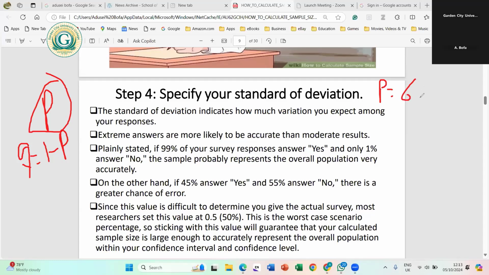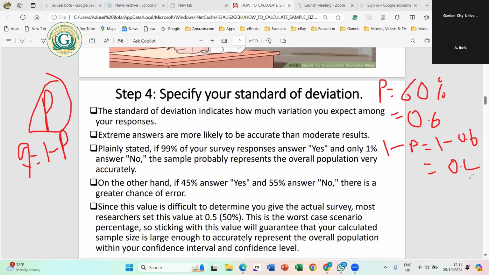We can also write 60% as 0.6, okay? So that means that those who are experiencing malaria in Garden City is 0.6. And those who are not experiencing is equal to 1 minus P, which is 1 minus 0.6, and that will give us 0.4.